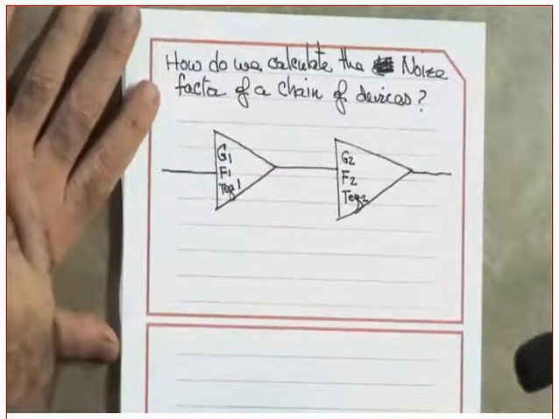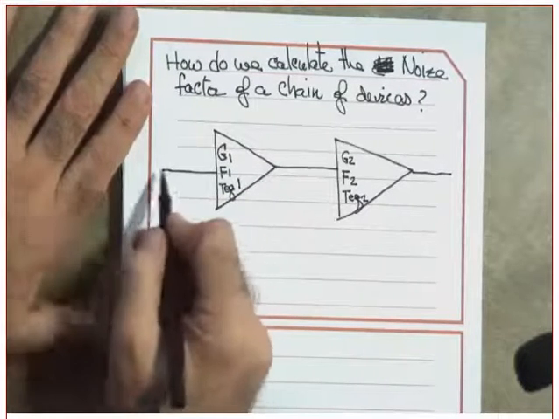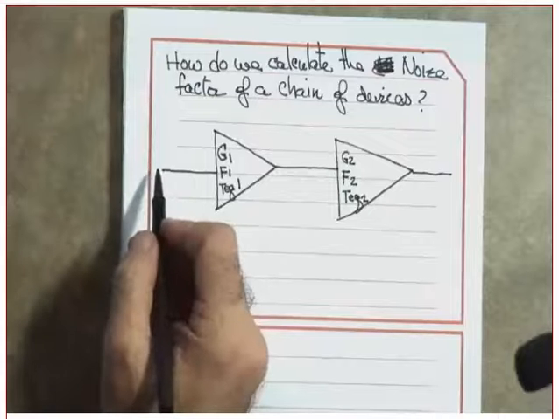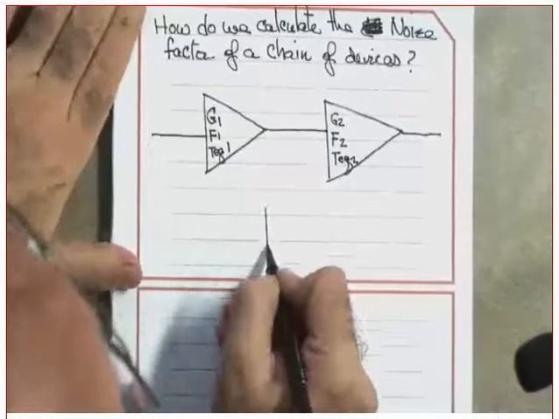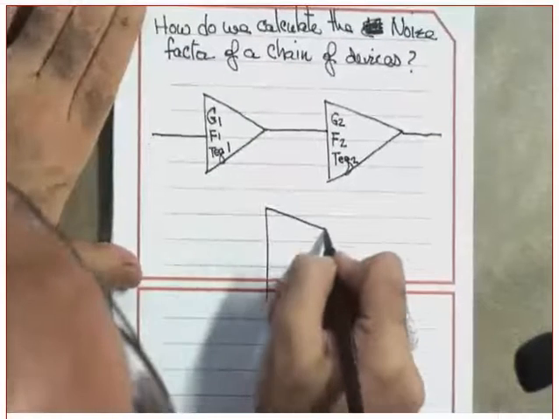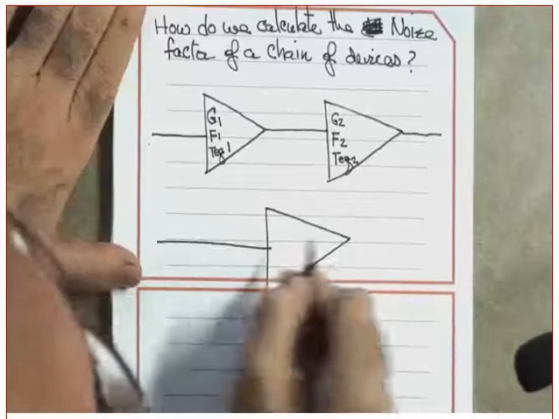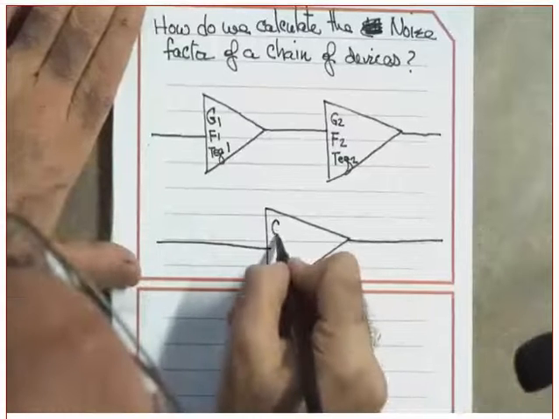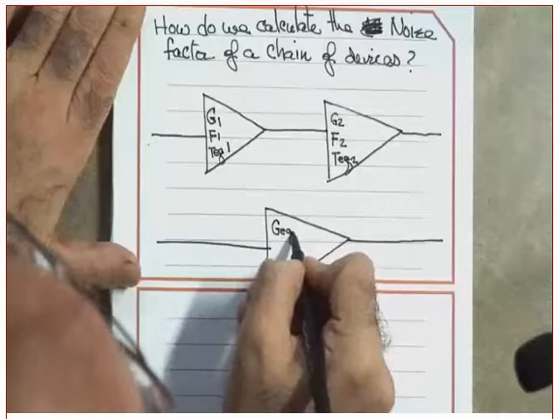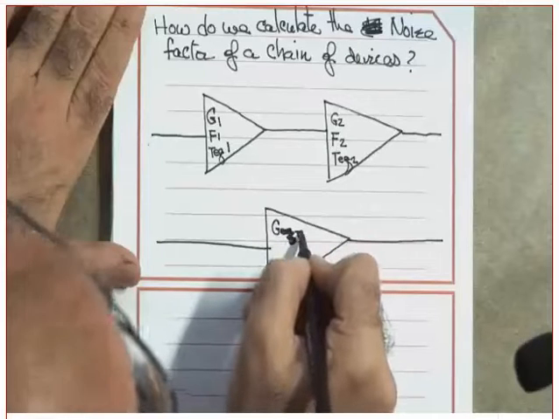Clear? Now, what is the input power here? The external input power is KTB. Are you following me on that? Now, what do I want? I want to find G total, F total, T equivalent.